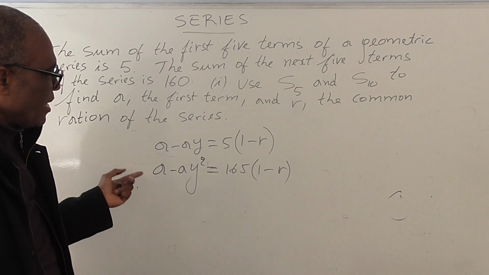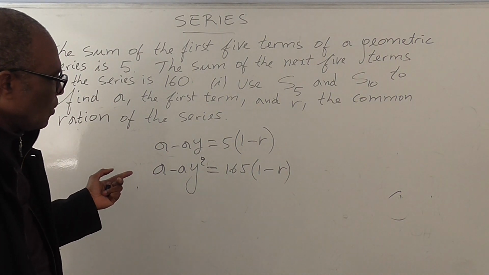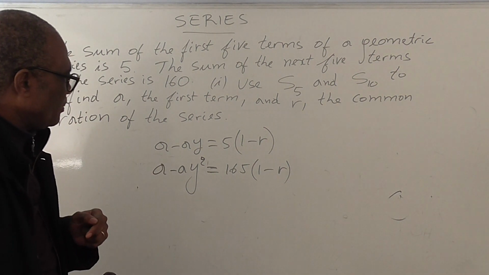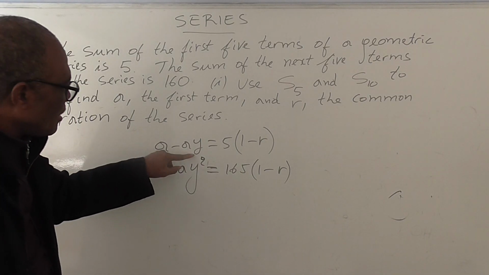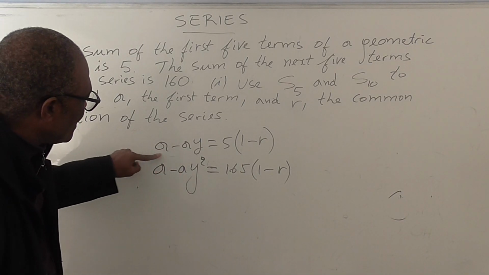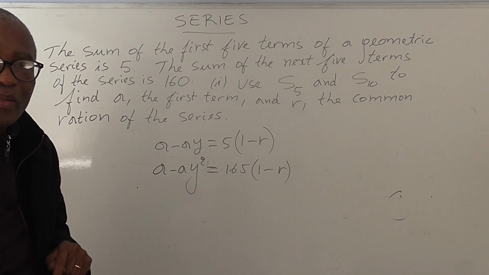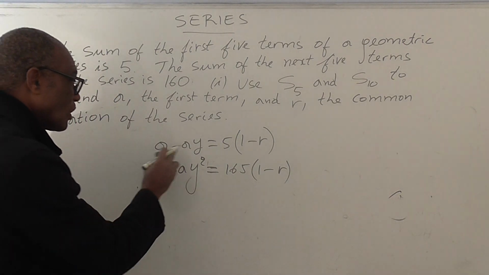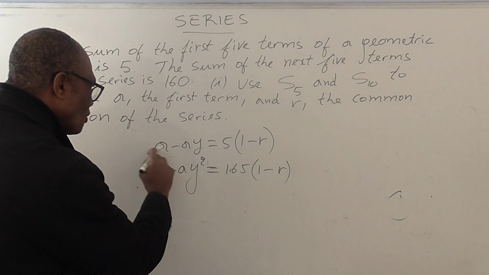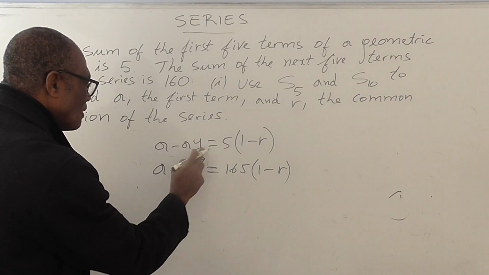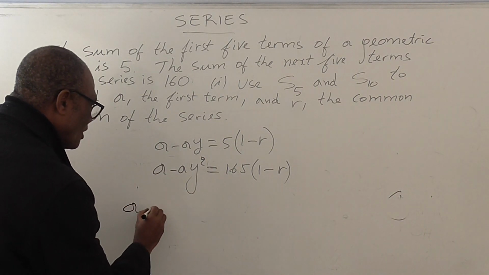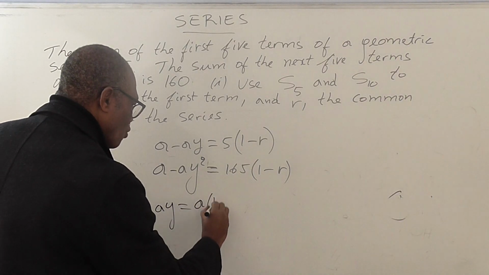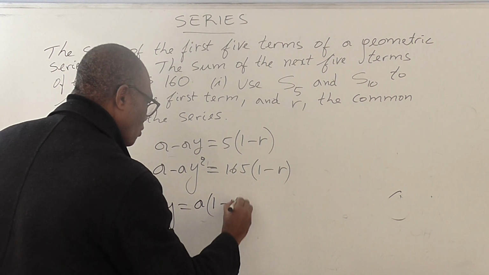Okay, look what I have. From now, I can factorize. Let me factorize the top and factorize that. If I factorize the very first one, A minus A y can be factorized like that: A bracket 1 minus y.